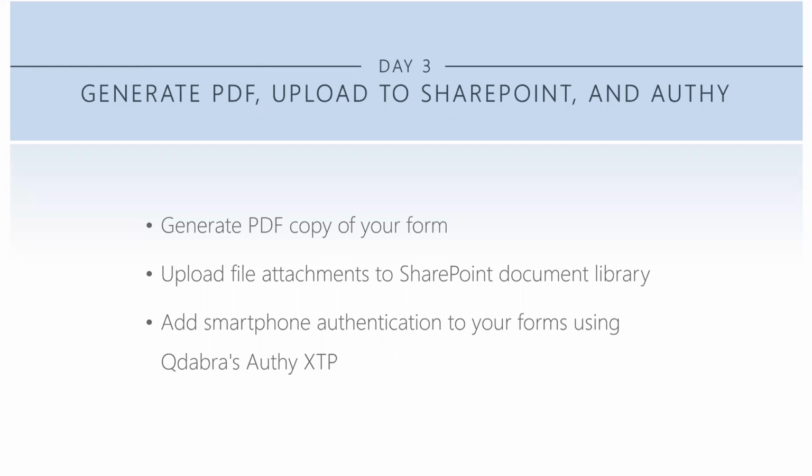We use that together with the render form command. And we also use that in our expense report internally, because we generate a PDF copy of our expense reports and save those PDF copies in a document library. So those are for labs 1 and 2.